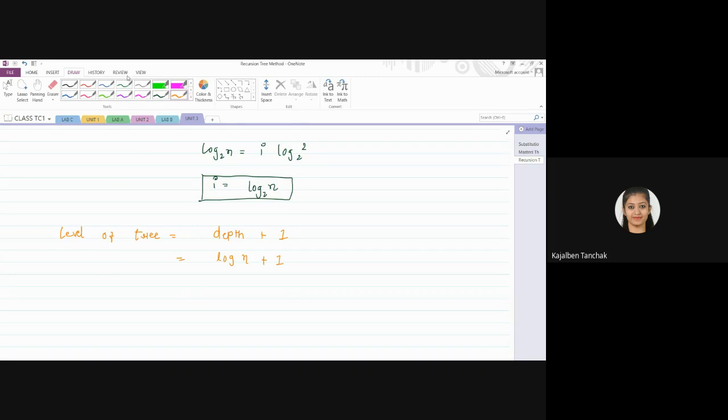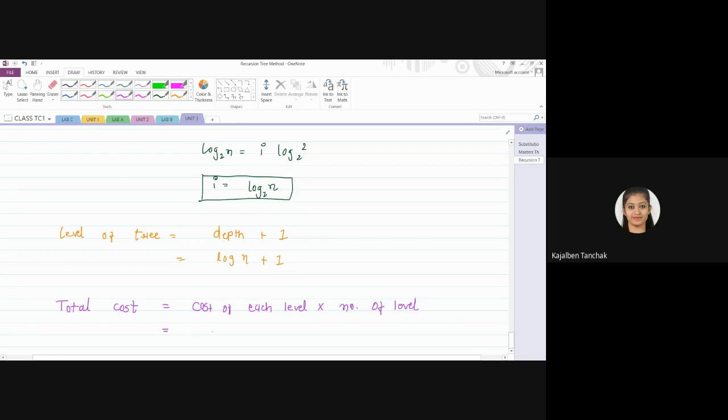Now to find out the total cost, how we will find the total cost? Now you can see total cost will be the same, only order of n, right? To calculate the total cost, we have some formula. You can calculate cost of each level into number of levels. That much cost will be there.